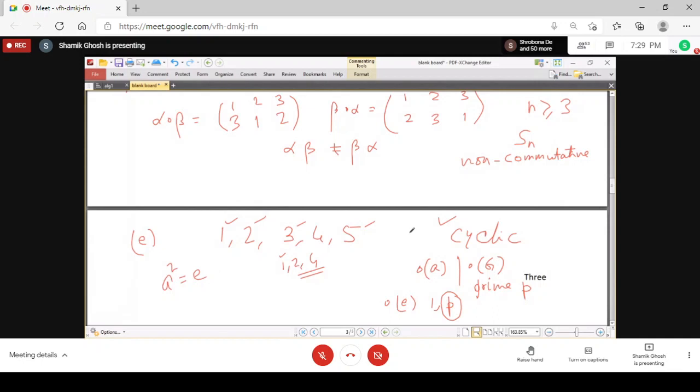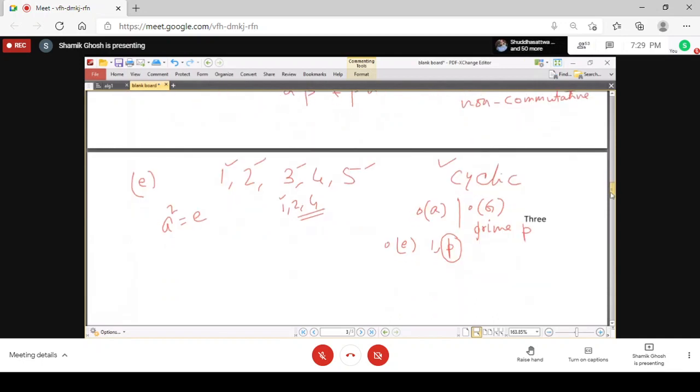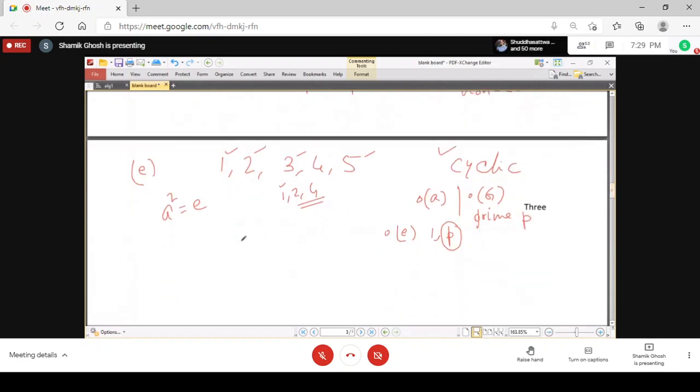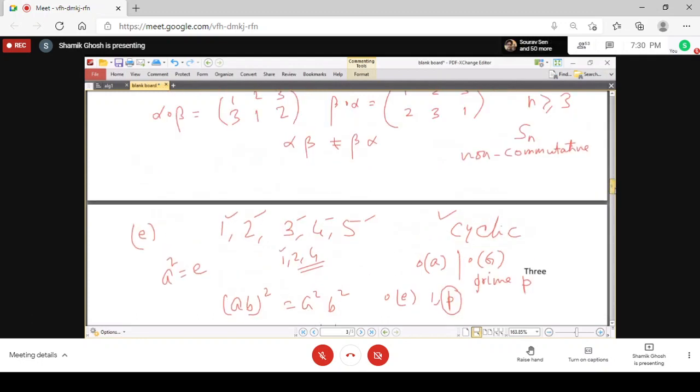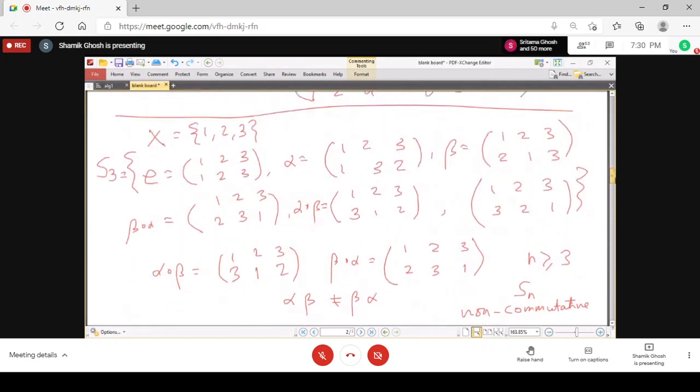And that problem you already did: if a square equals identity, then the group is commutative, because then (AB) square equals A square B square, so ABAB equals AABB, and so you get that BA equals AB. So every group of order less than 6 is commutative, but S3 is the smallest group which is non-commutative. The first non-commutative group is S3.